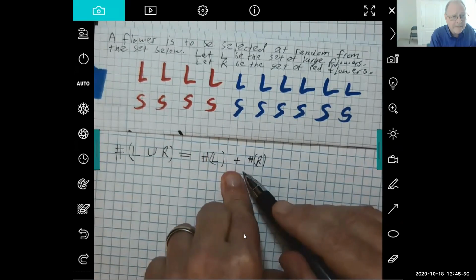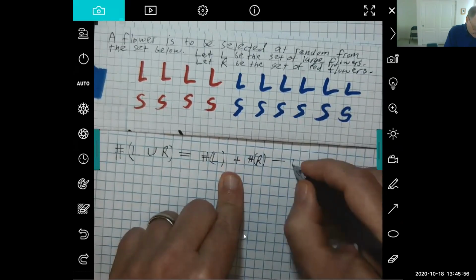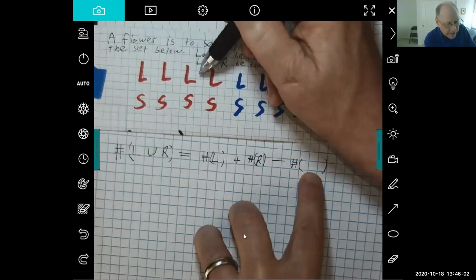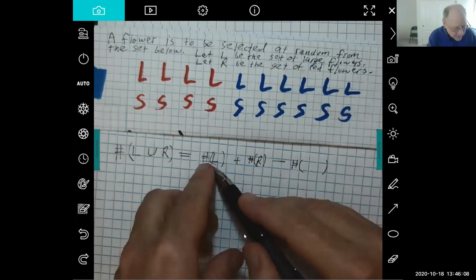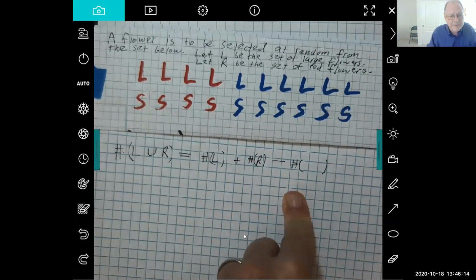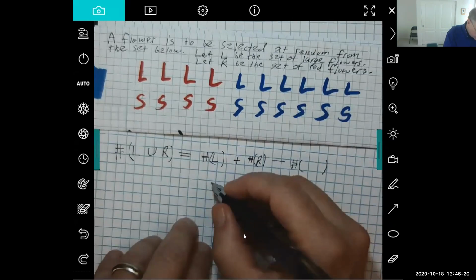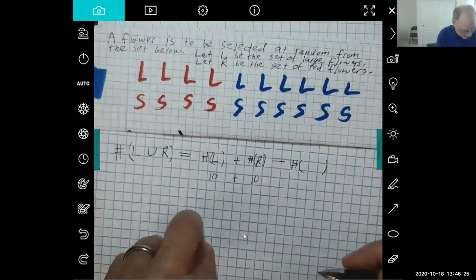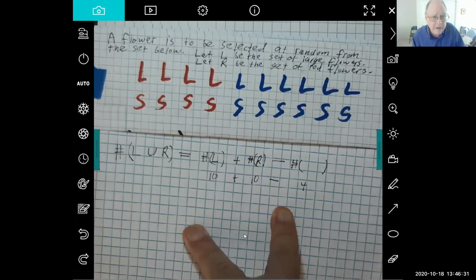So if I stop here, I've got too many. I've got to subtract away these 4 large red flowers. Because they've been counted twice, if I subtract them away once, then they've been counted the right amount. So I've got the 10 across the top here, the 10 red ones, and I need to subtract those 4.